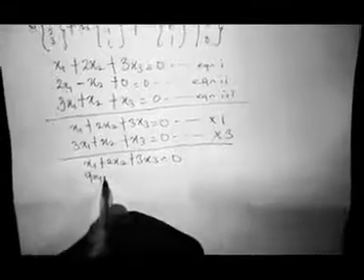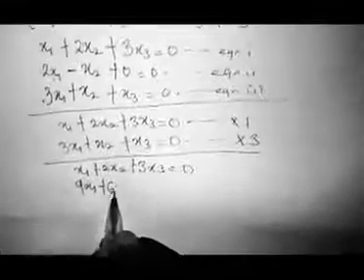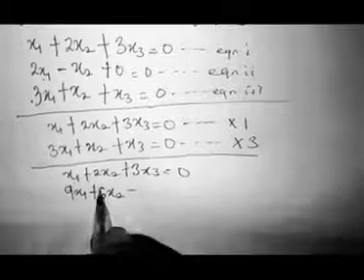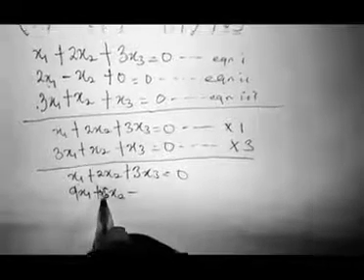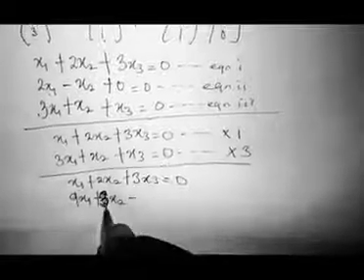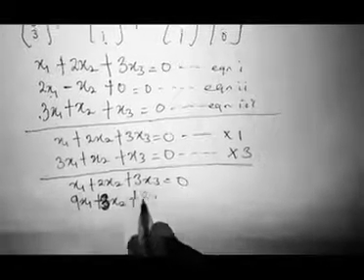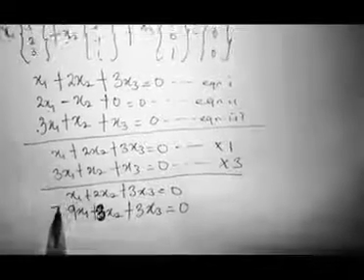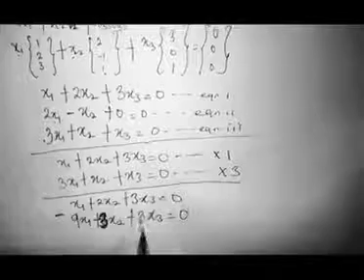9x1 plus 6x2. Then plus 3, sorry about that, plus 3x2. 3 times x2 is 3x2. Then plus 3x3 equals 0. So I'll apply subtraction here because this will be able to cancel.